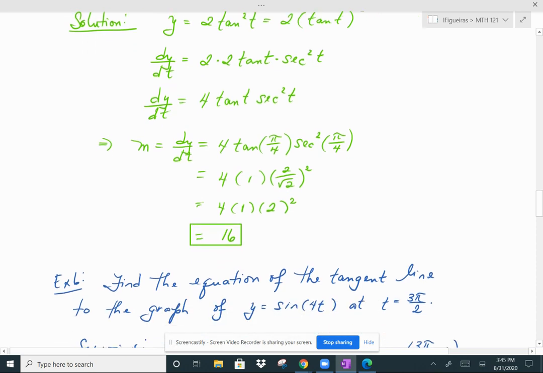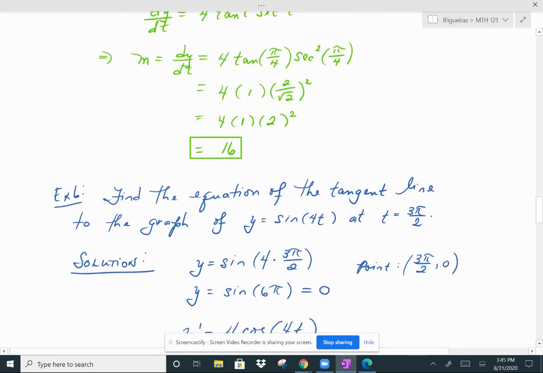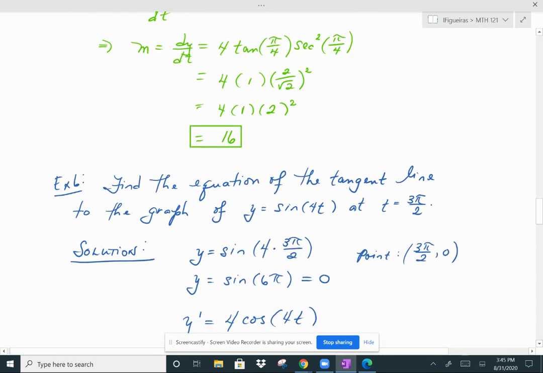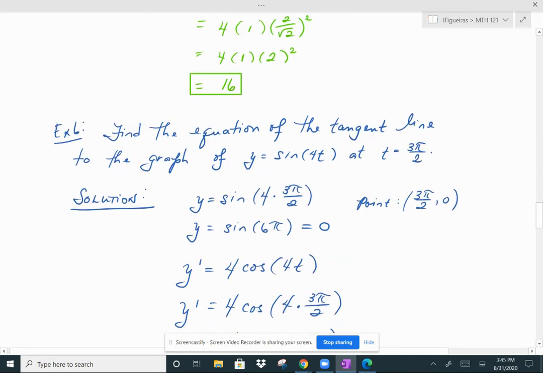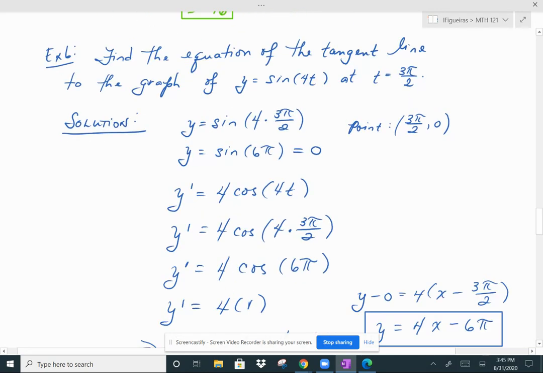Here we need to find the equation of the line tangent to the graph of y equals sine of 4t at t equal to 3 pi over 2. Here's another composite function. And so your composite function is sine as your outer function, 4t as your inner function. So when you take your derivative, you're going to have to use chain rule.